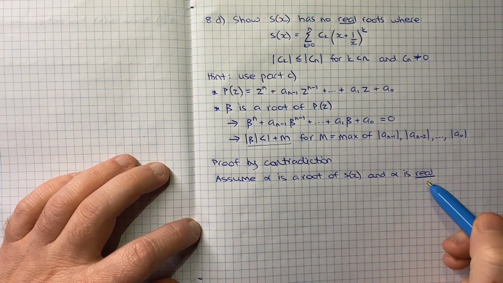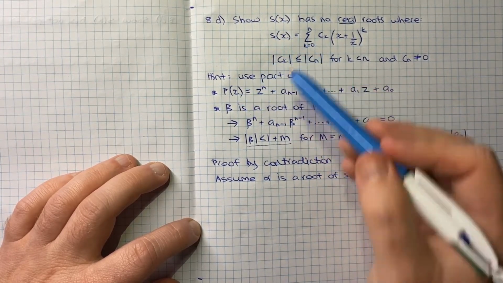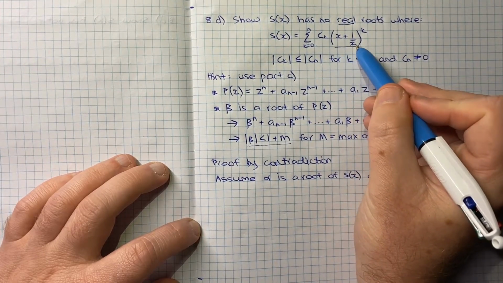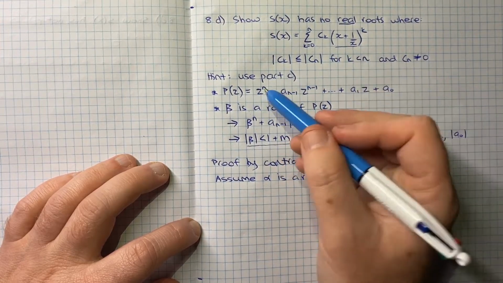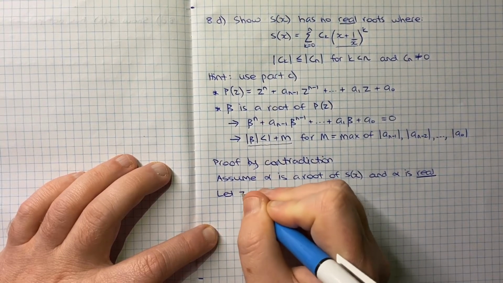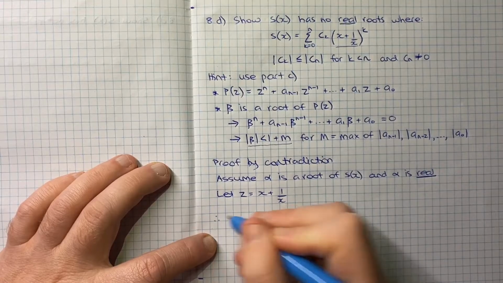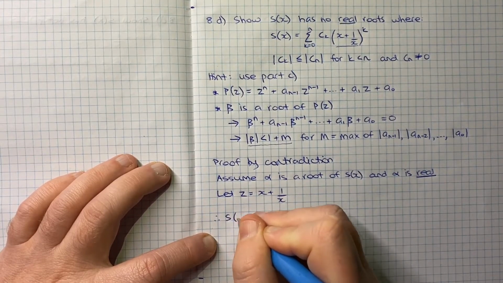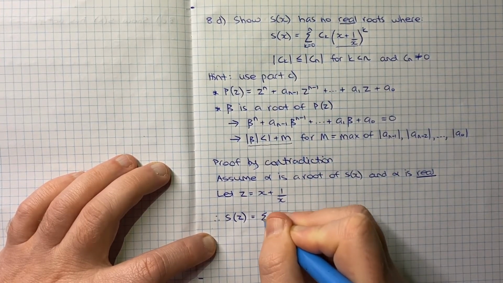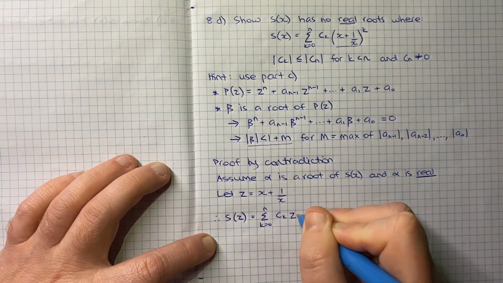Hopefully that will help us show something mathematically nonsensical so that we can say this can't be true. So the first step to lining these two functions up is to simplify this x plus 1 on x into just a z that we can directly compare. So let's let z equal x plus 1 on x, so that therefore we can say that S(z), because now we're going to deal with the z, would be equal to the sum from k equals 0 to n of c_k z to the k.